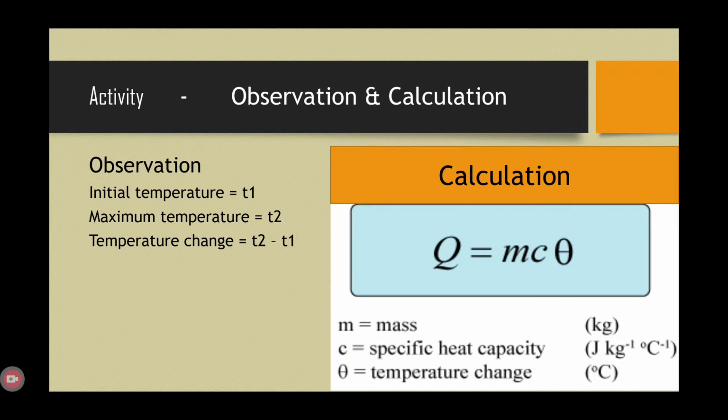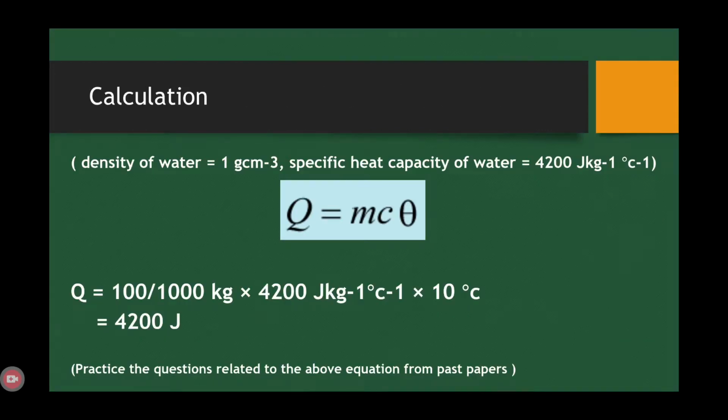In this practical, we use the specific heat capacity of water, not of HCl or sodium hydroxide. We assume that the specific heat capacity of both solutions is equal to the specific heat capacity of water. It's an assumption.